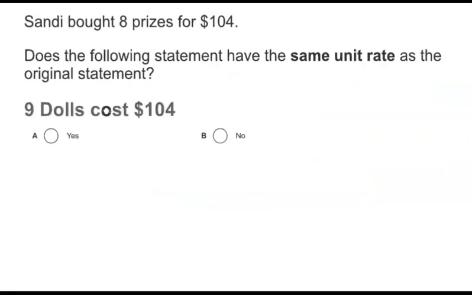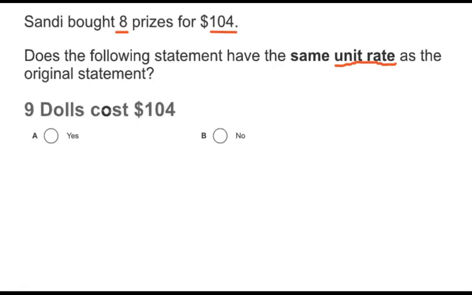Okay, with these, we just have to think it through. It says Sandy bought 8 prizes for $104. Does the following statement have the same unit rate? So is it the same as 8 prizes for $104?